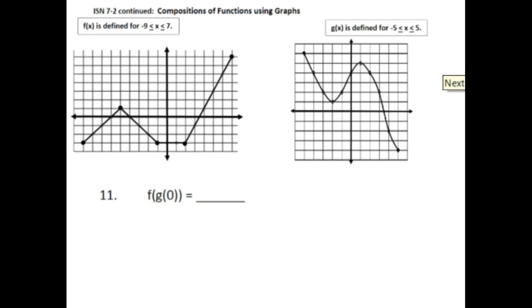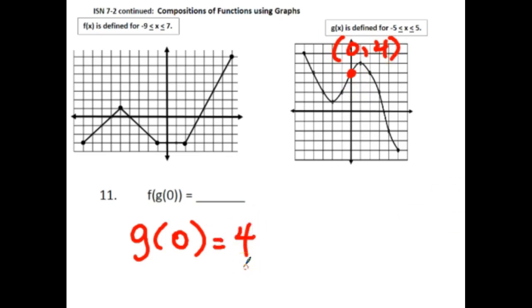Okay, now how do I do a composite then if I have a graph? Well, I still start inside out. On the graph called G, if the x value is 0, what's the y value? Then I take that answer and put it into the function called f.